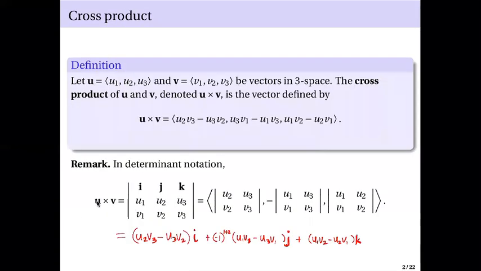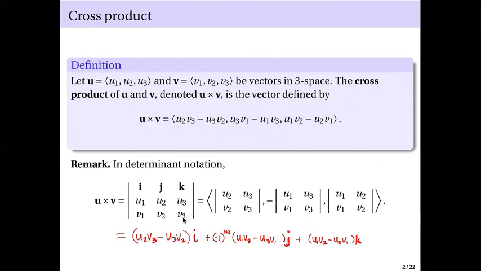Why? Because as we have said, the first factor in the cross product will be the second row. The second factor will be the third row. If you interchange them, then you will also interchange these rows. Meaning V1, V2, V3 will be in the second row, and U1, U2, U3 will be on the third row. But remember, if you interchange two rows when you are computing the determinant, you have to take out a negative.